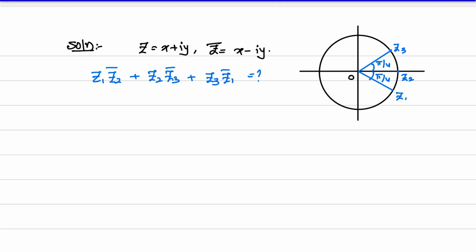Z is equal to x plus iy. How can I write this? Please try to understand this one. The argument is equal to theta. Z is equal to e to the power of i theta.